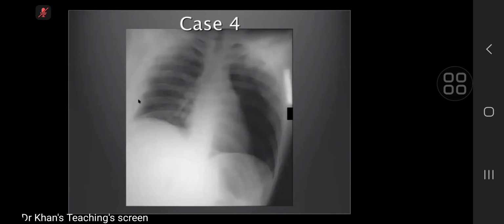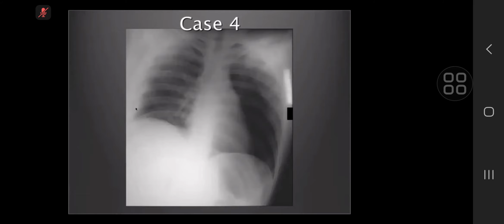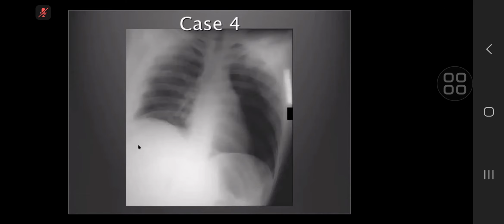I'll give you a clue. This is a lateral decubitus X-ray. It looks like there's an air fluid level in the right, because the upper bit looks lucent, and as I go lower down, it appears more dense. I think there is a pneumothorax. There's an air fluid level there.